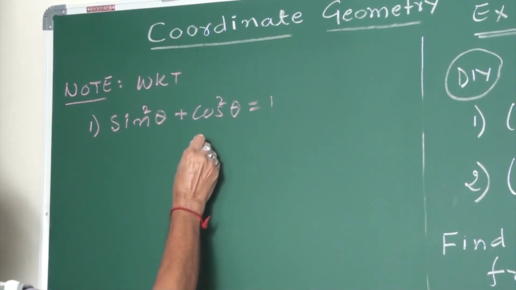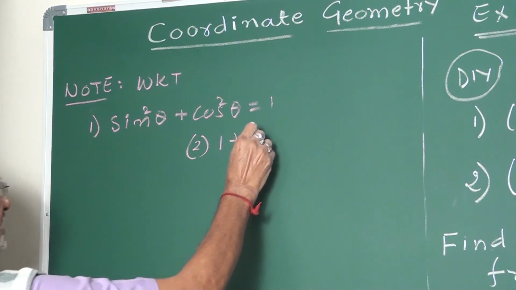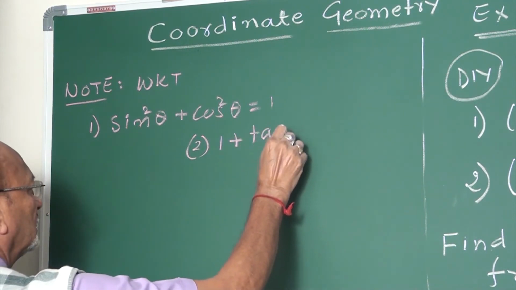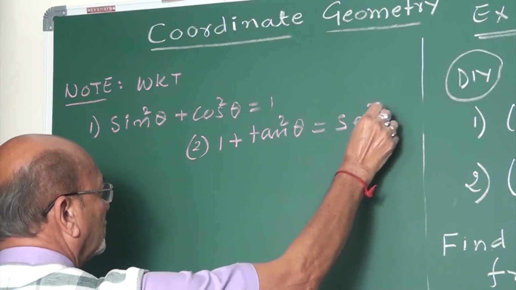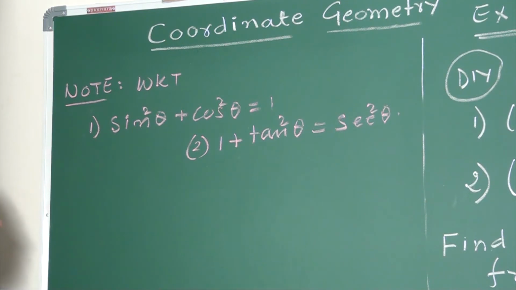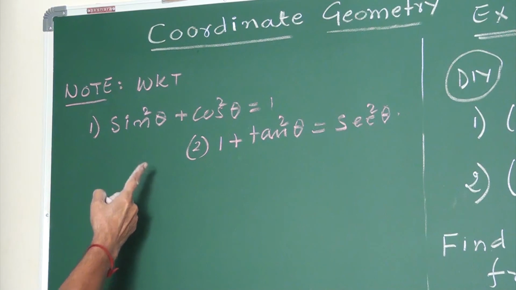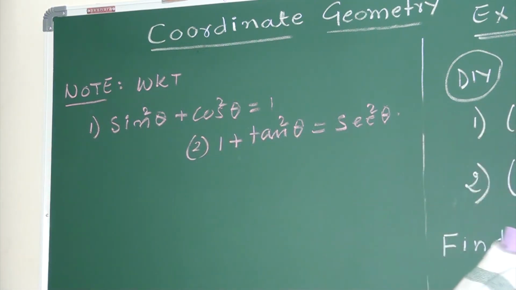What is the second property? Second property is 1 plus tan square theta is sec square theta. What is third? 1 plus cot square theta is cosec square theta. Now I do just one or two examples based on these properties.